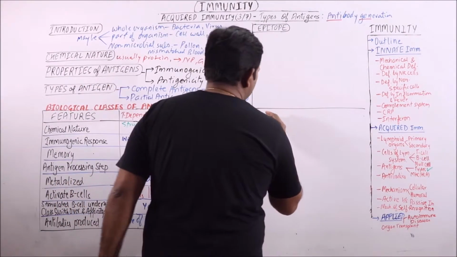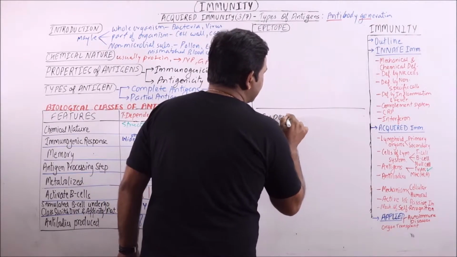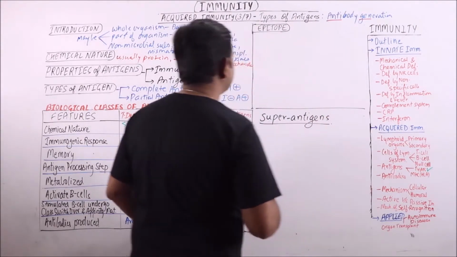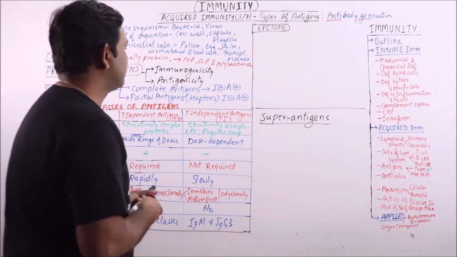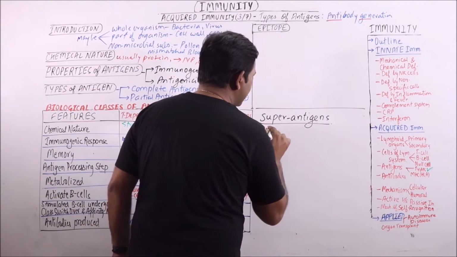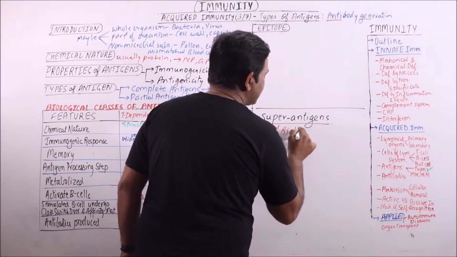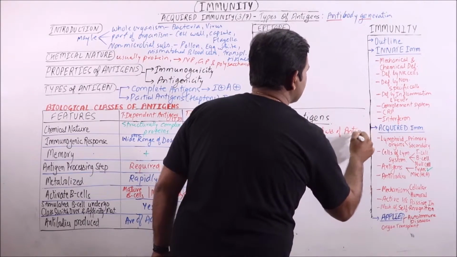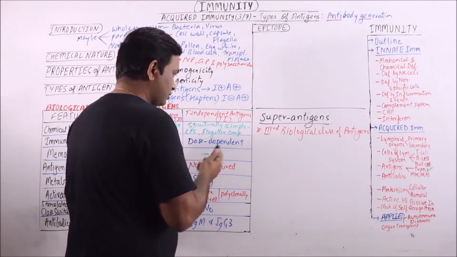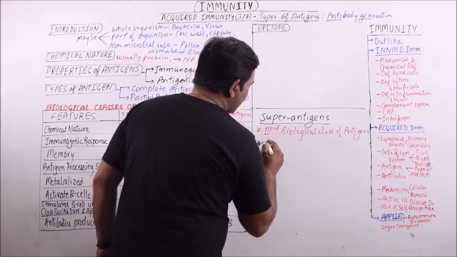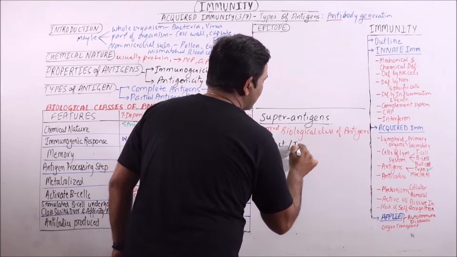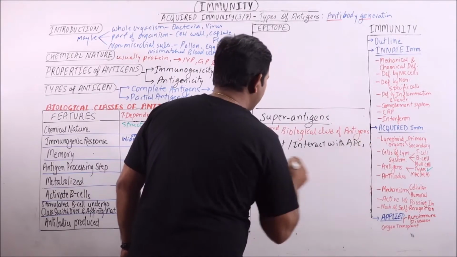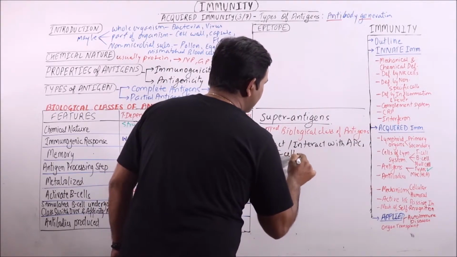Another important category is super antigens. Now what are these super antigens? Super antigens can be considered as third biological class of antigens. These react or interact with APCs and T cells.